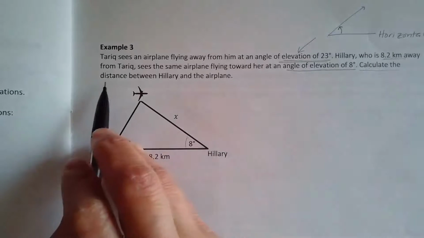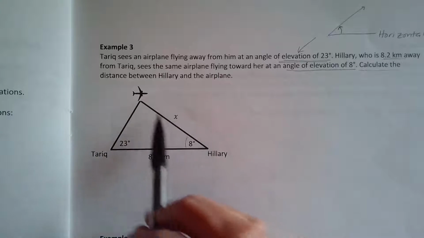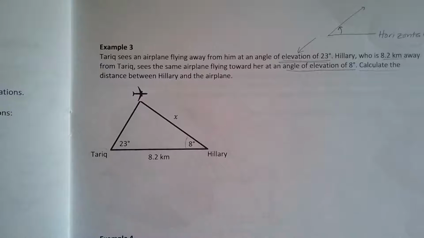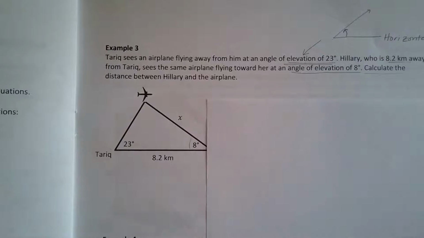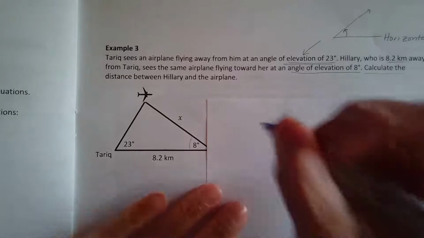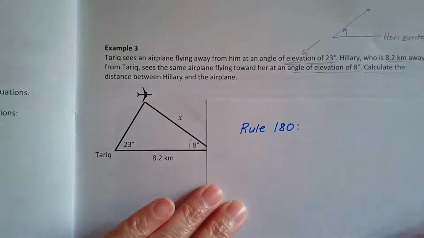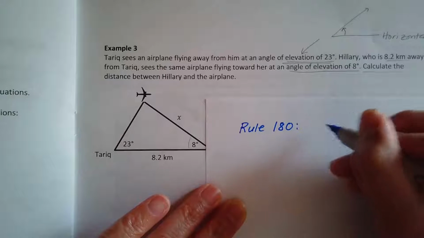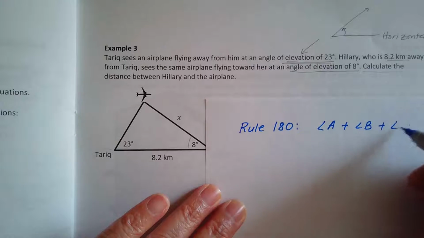Here's the question. Calculate the distance between Hillary and the airplane. So this is the one we're looking for. How can we figure that out? What do we know so far? These are the things that we know. Rule 180: angle A plus angle B plus angle C will always give us 180 degrees.